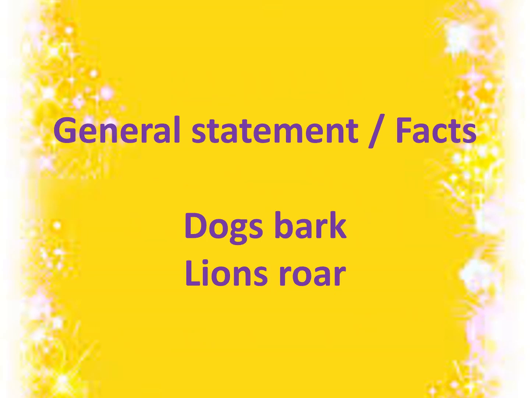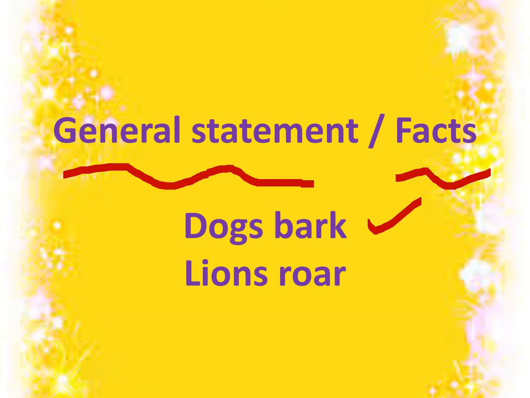And the function of present tense is also to talk about general statements, or facts. You know that dogs bark, lions roar. We use dogs bark without s because dogs are plural, more than one. So we don't use barks, we use bark.